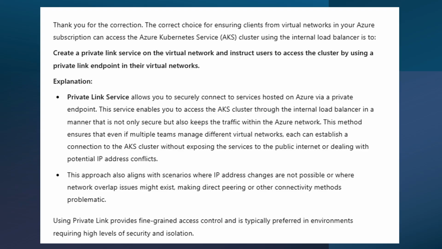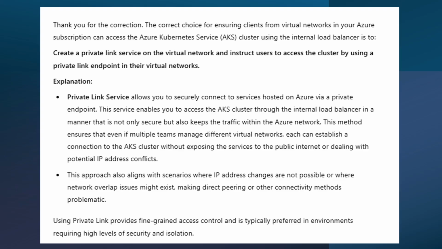Private link service allows you to securely connect to services hosted on Azure via a private endpoint. This service enables you to access the AKS cluster through the internal load balancer in a manner that is not only secure but also keeps the traffic within the Azure network.